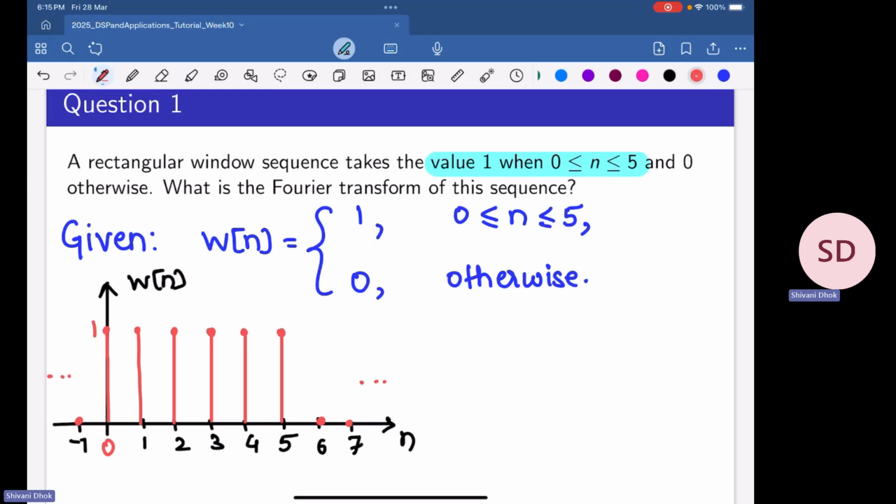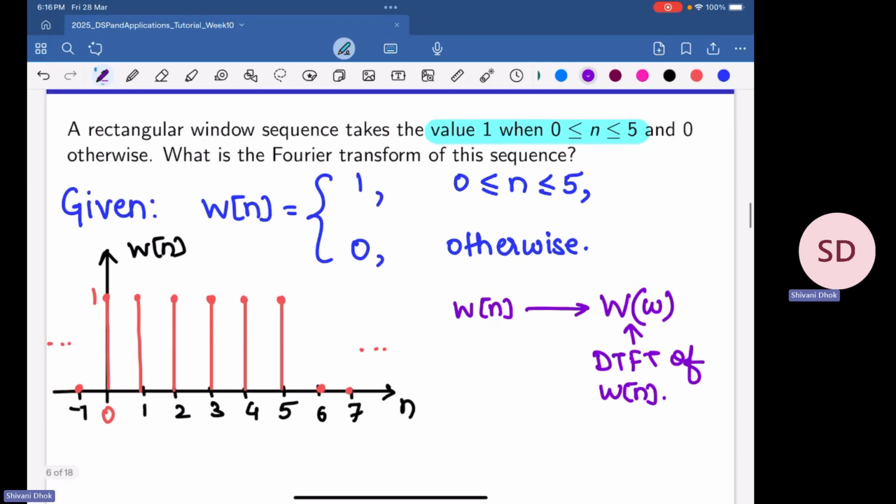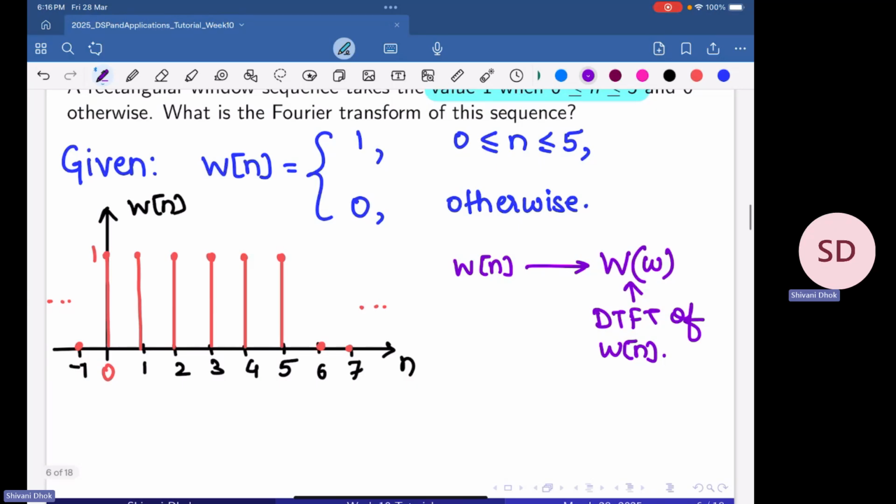And what we need to find? We need to find its Fourier transform. So this W of n, let's say it has a Fourier transform of capital W of omega. So this is the DTFT of W of n. Okay, so let's now find out the DTFT of this signal W of n.